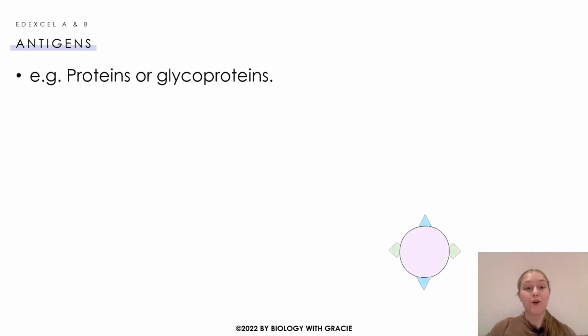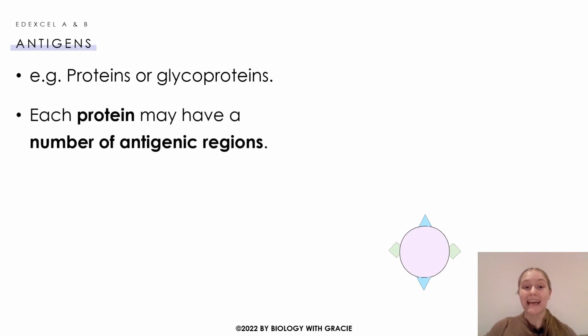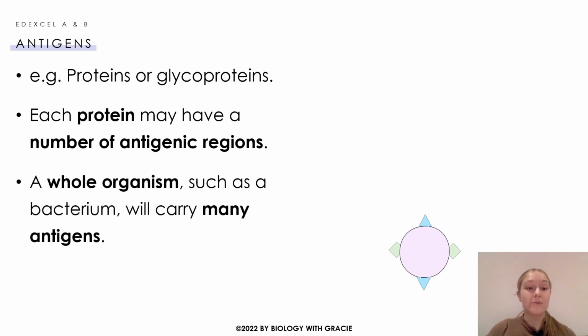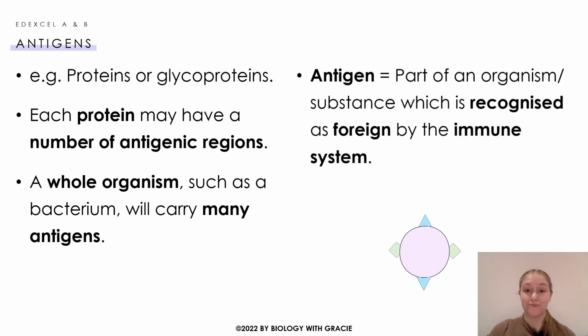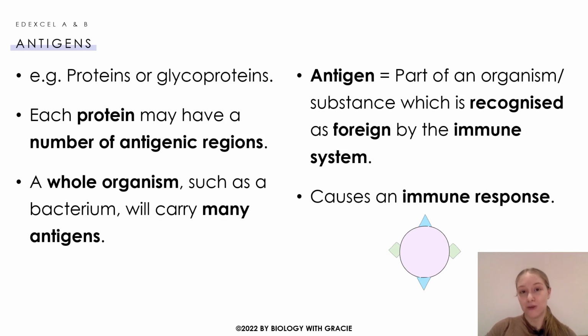Antigens are forms of proteins, and they also can be glycoproteins, and each protein may have a number of antigenic regions, and a whole organism, such as a bacteria, will carry many antigens. So essentially, the antigen is the part of the organism or the substance which is recognized as foreign by the immune system. It essentially causes that immune response.